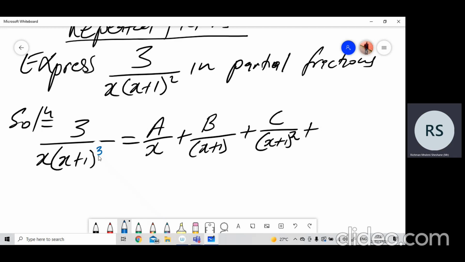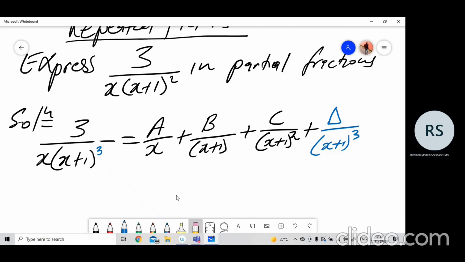So you need to add another form, x plus 1 to the power of 3 in this case. That would be the form of the partial fractions. But our problem has x plus 1 to the power of 2, so let's return to this.